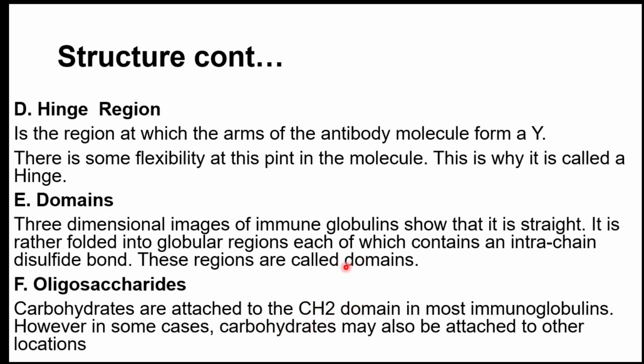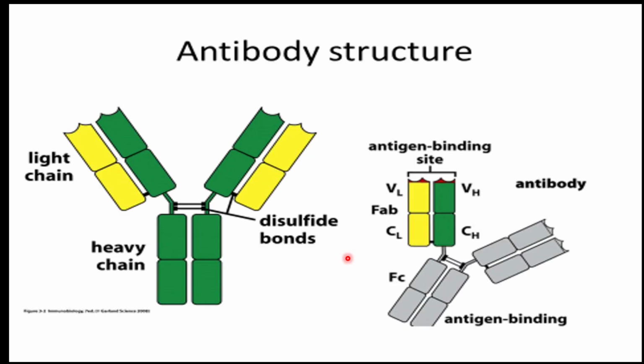We've looked at the domains, and these are the points where the globular proteins fold due to the intrachain disulfide bond. Most times, you find that these carbohydrates are attached to the CH2 domain, however, they can also be attached at other locations on the immunoglobulin.